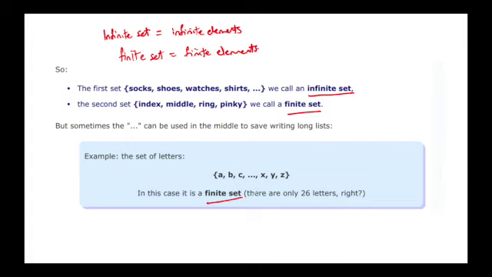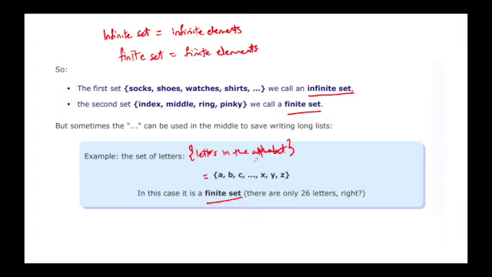So we have the finite set here, and you can see how we write a finite set. Take a look at this. Because at the end of the day, the set builder form is the set of letters in the alphabet. So this is the set builder form here, right? And you could write it out in roster form.